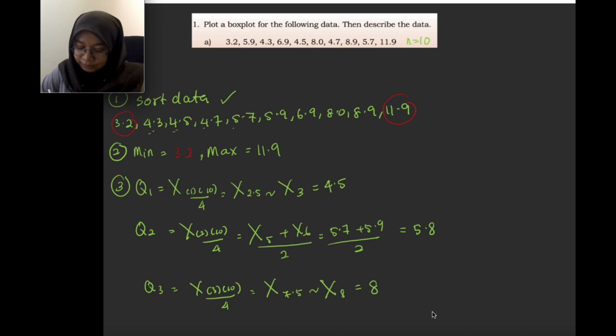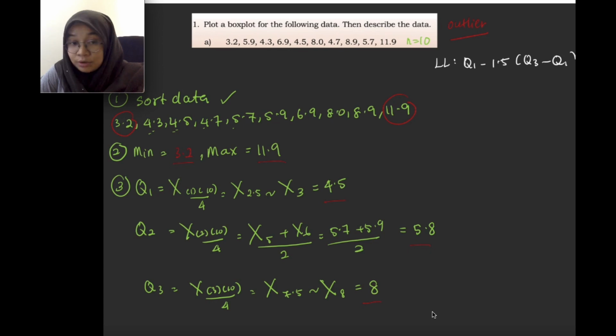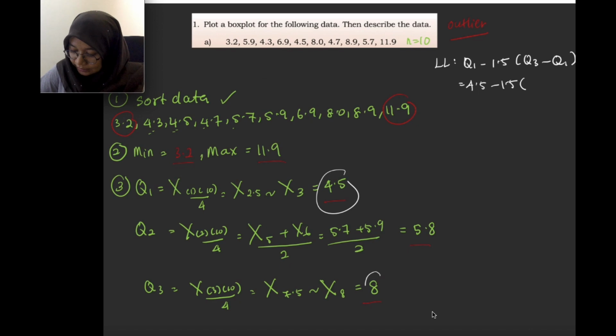Now we are done. You have your minimum value, maximum value, Q1, Q2, Q3. And then find the outlier. In order to find the outlier, find the lower limit. The lower limit formula is Q1 minus 1.5 times (Q3 minus Q1). Our Q1 is 4.5 minus 1.5 times (8 minus 4.5).